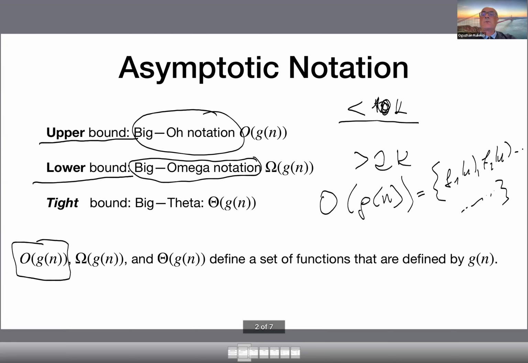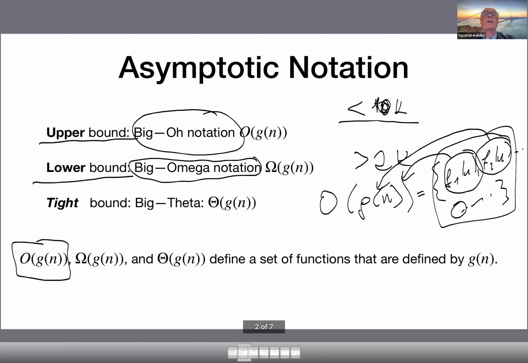So this means f1(n) is an element of the big O g(n) set. f2(n) is an element of the big O g(n) set. And once I have the number of instructions to be computed with my algorithm, indeed it is a function, right? If this function is included in this set, then you will say that this is big O g(n).